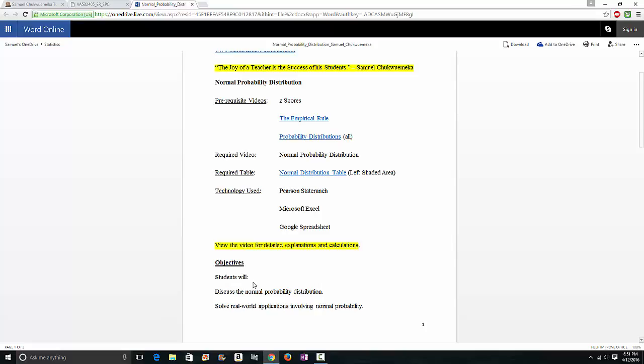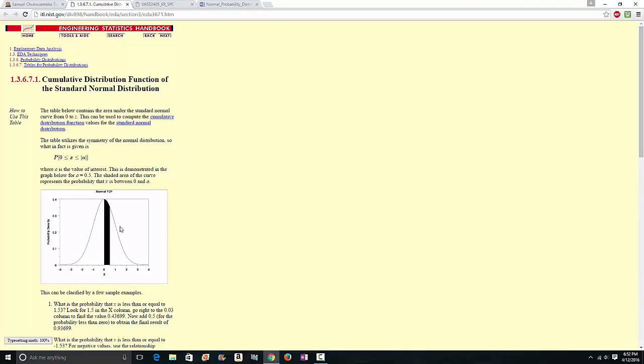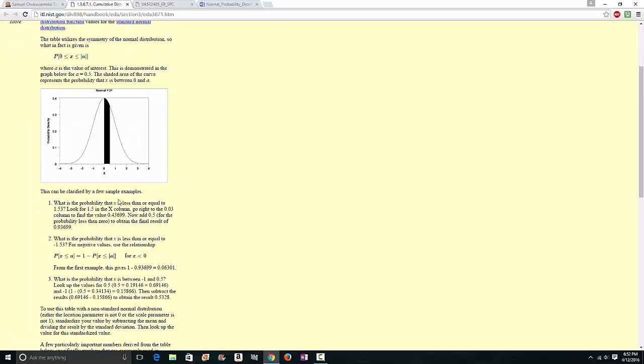Why? Because most textbooks use the left shaded area. Now, some textbooks use the center shaded area. This one I got from the US government. This is the center shaded area, where it is between 0 and z, 0 in the middle and z.